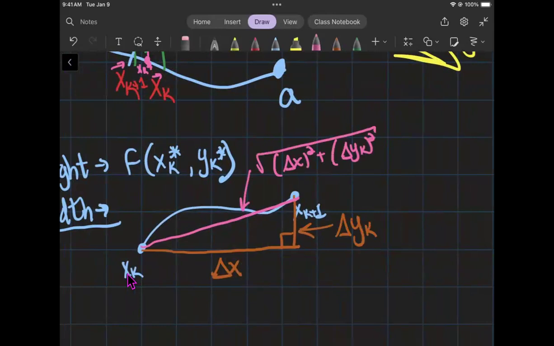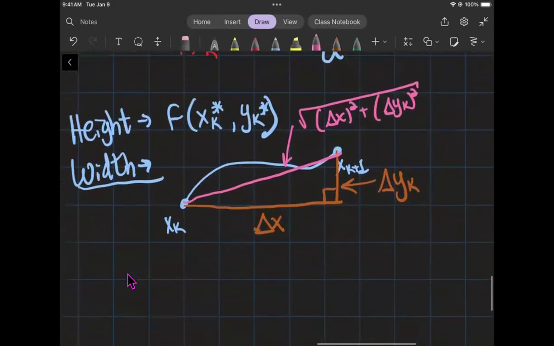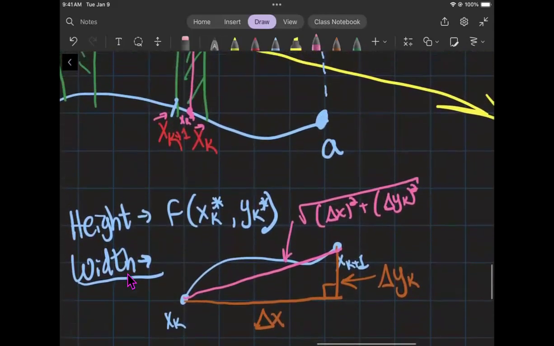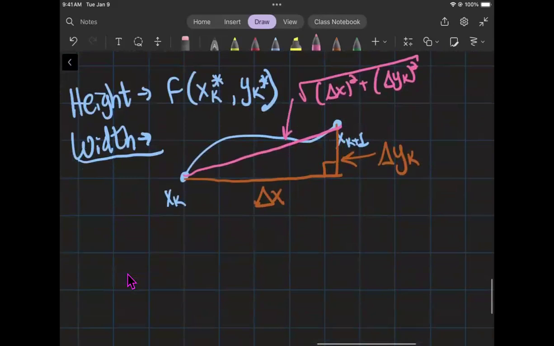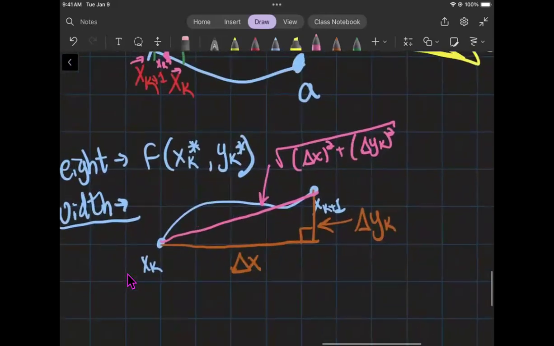Your heights will get smaller if we increase k. If we increase the number of subintervals, the delta y sub k star will eventually become delta y. So we're going to use the width as arc length. They labeled this as ds, little s.